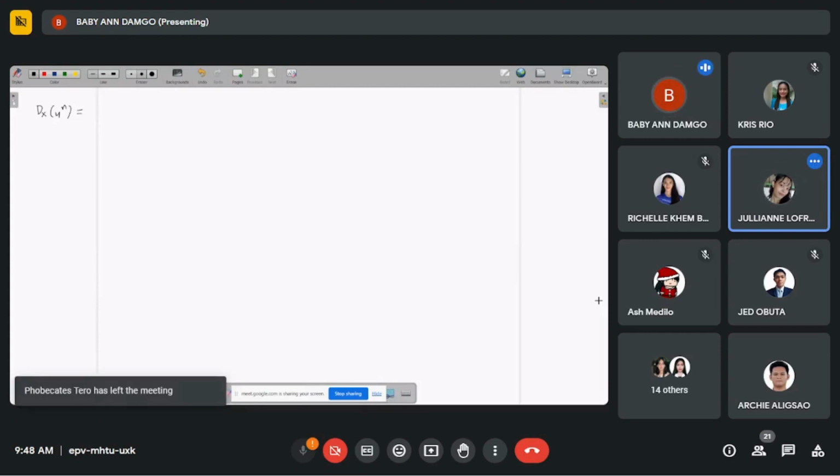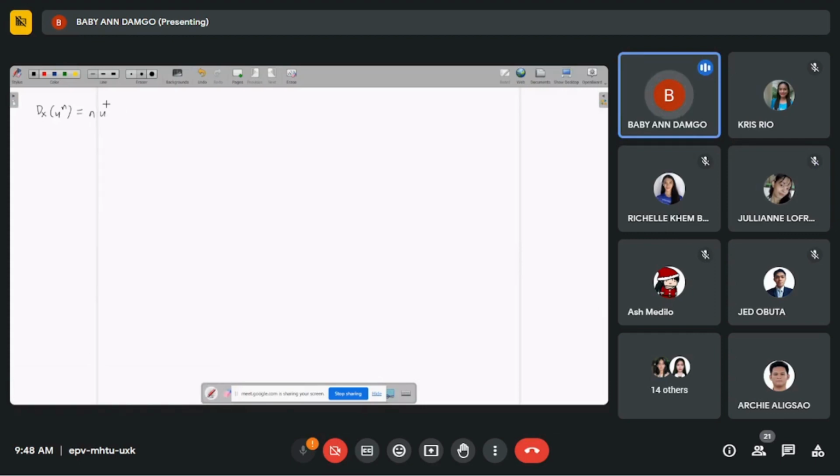So the derivative of u to the n is just equal to n times u to the power of n minus 1 times u prime. Okay? So if we check, we have the derivative of x to the n plus 1 over n plus 1. The n here is a constant.